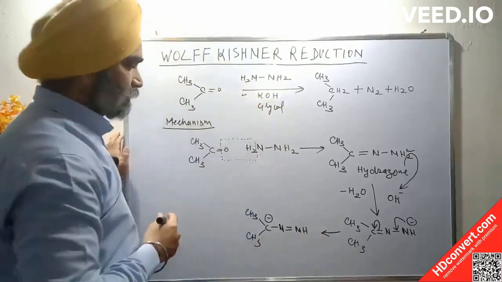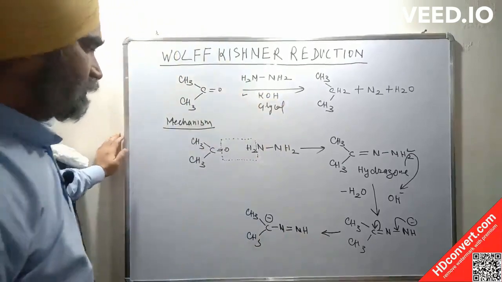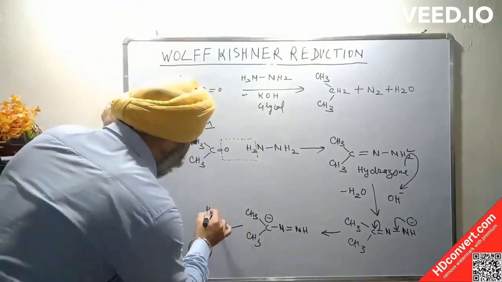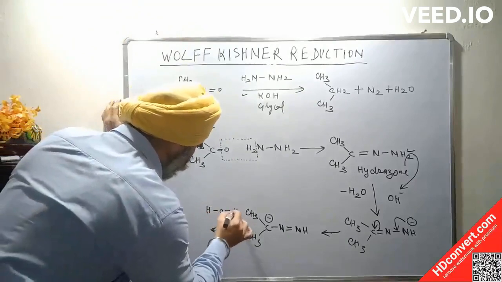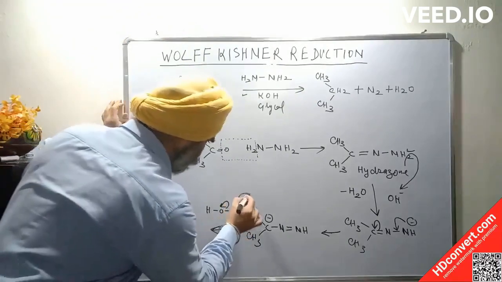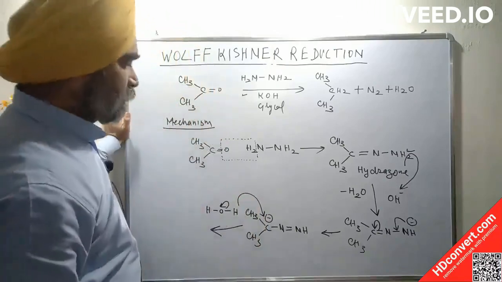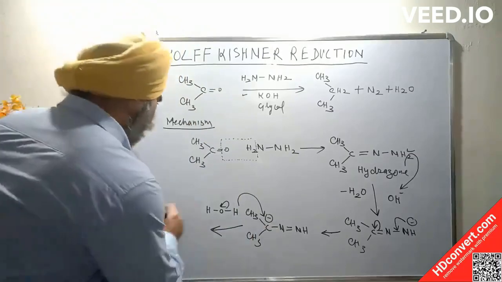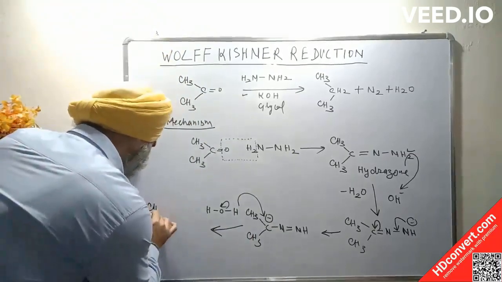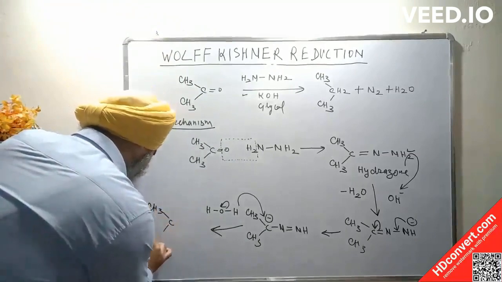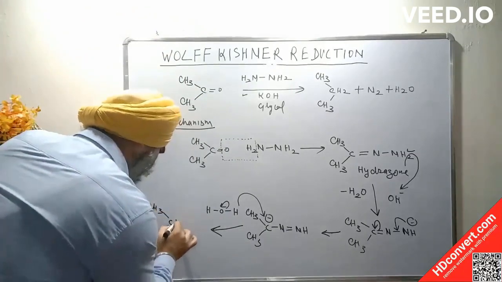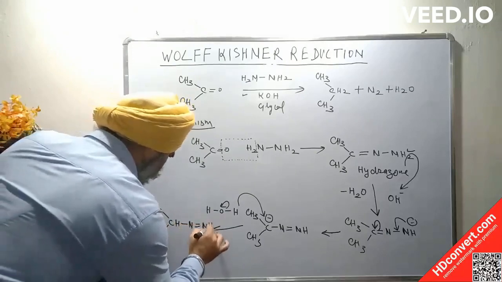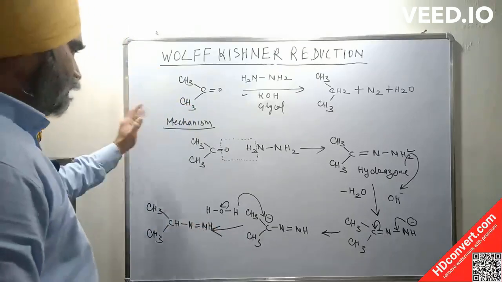So this is the substance we will get. Now this substance will take a proton from water, and this proton will get attached to carbon, which is negatively charged. So we will get CH3, CH, CH3, H bond N, double bond NH. So this is the substance we will get.